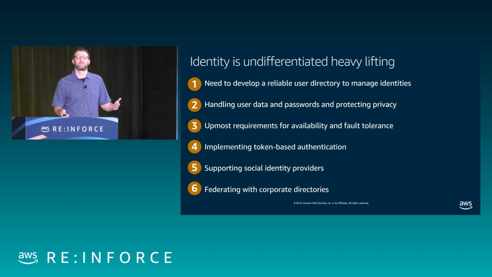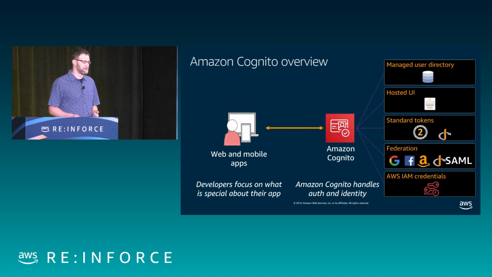In addition to that, now users expect to be able to log in through social providers and through external IDPs, and you need to handle all that as well. So Amazon Cognito comes into the picture. Your developers can focus on what differentiates your app, focus on the business needs, and let Amazon Cognito handle identity.